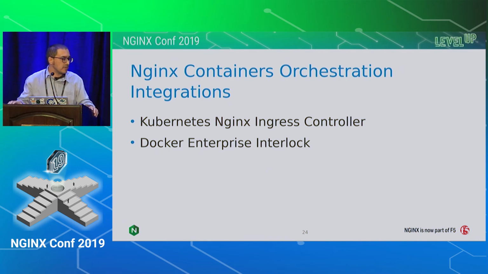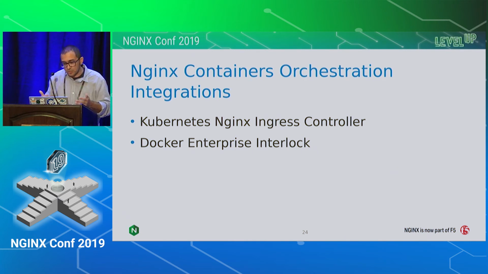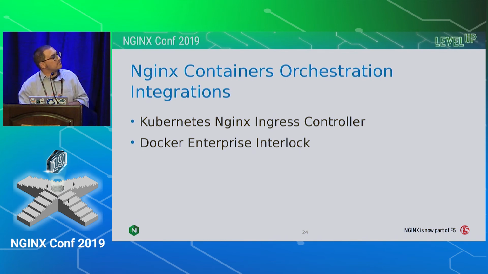We know that it's based on NGINX code, and of course, if you have your subscription with NGINX Plus, you can use NGINX Plus as Ingress Controller, so you can have Resolver and active health checks. If you don't want to use Kubernetes health checks, which are inside Kubernetes, you can use the NGINX feature.